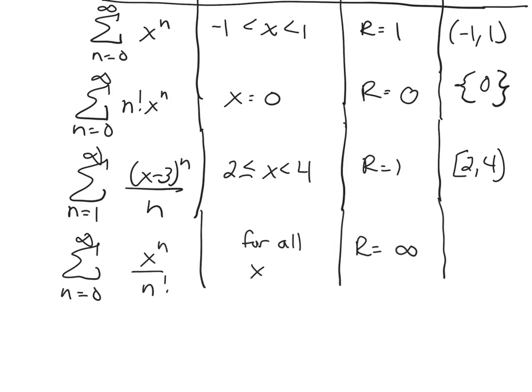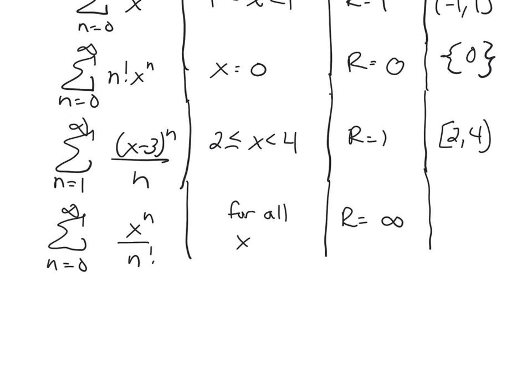And then my interval, we wrote that down last time, -infinity to infinity. Okay? So we kind of already talked about at least interval of convergence last time. We didn't really talk about radius of convergence, but it was secretly hidden in our answers.